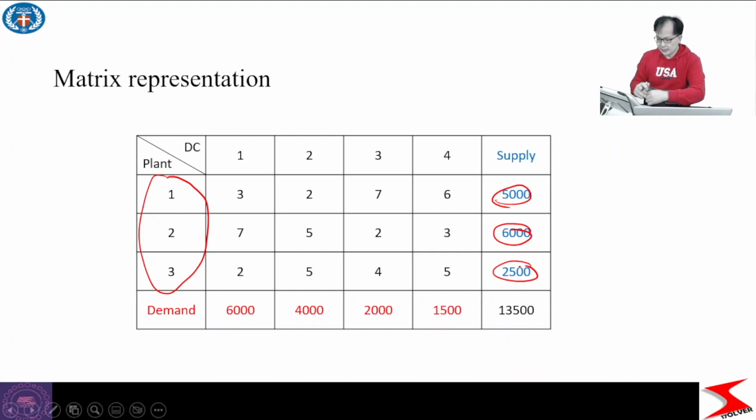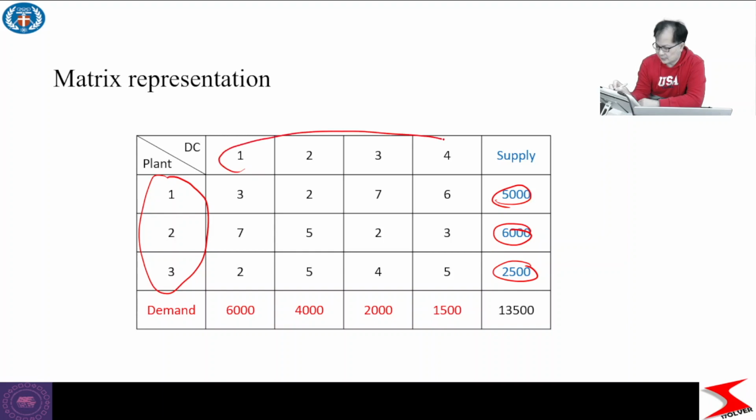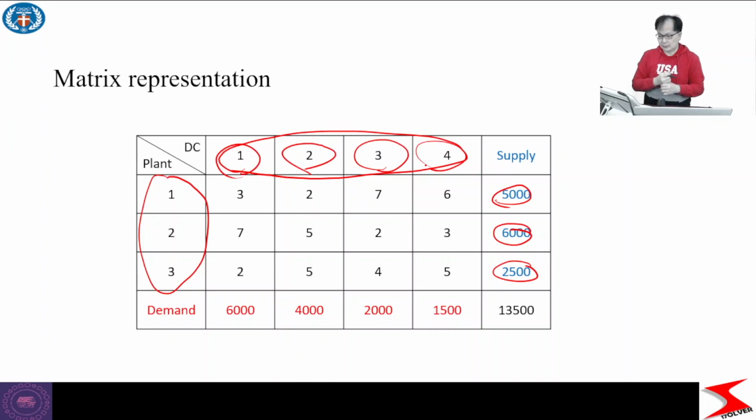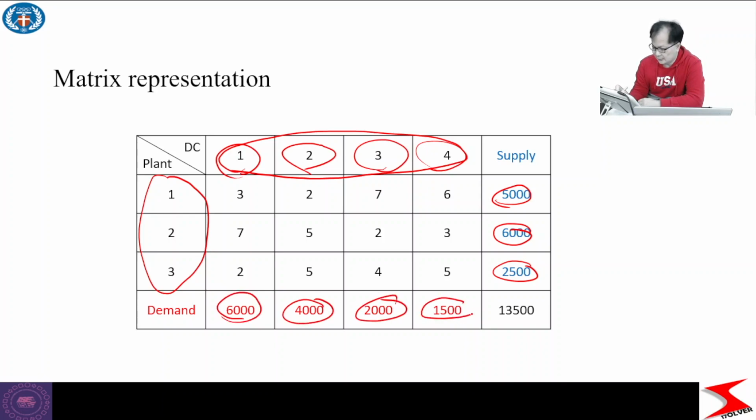The rows 1, 2, 3, 4 mean distribution centers 1, 2, 3, 4, with corresponding demands of 6,000, 4,000, 2,000, and 1,500. Each cell means the unit cost shipped from plant i to distribution center j.